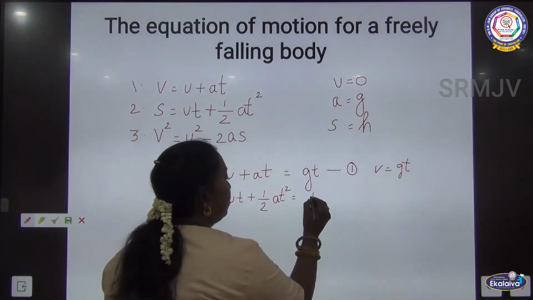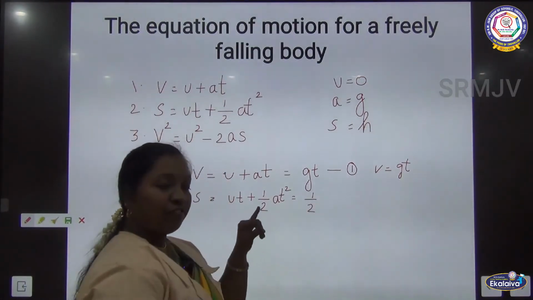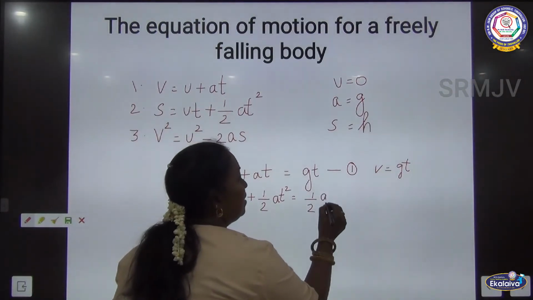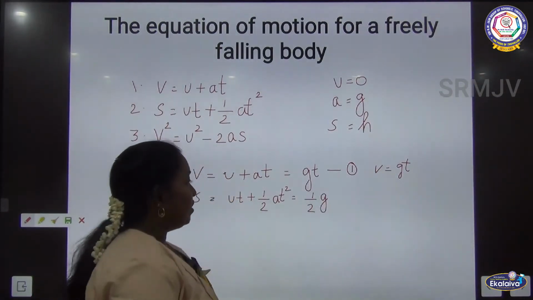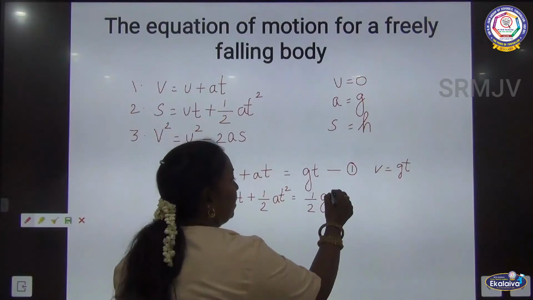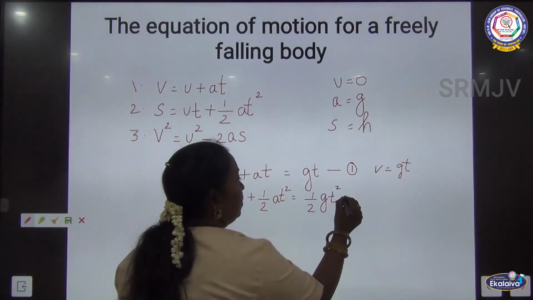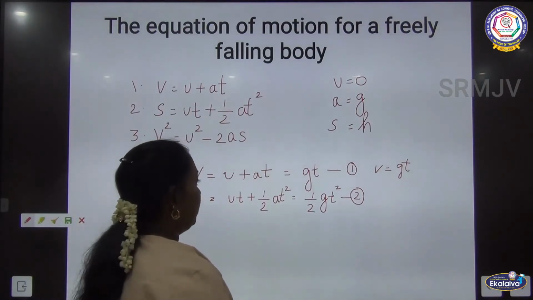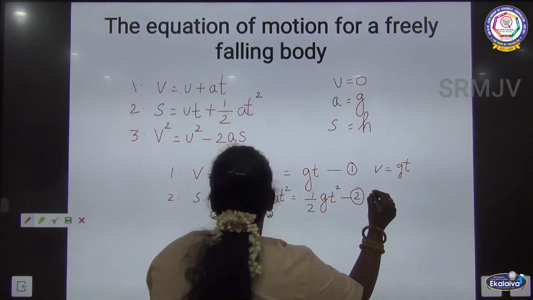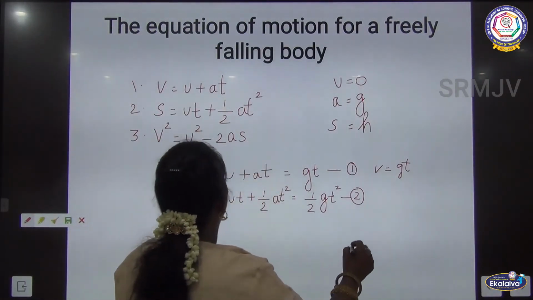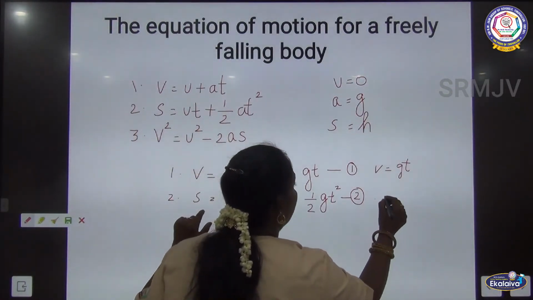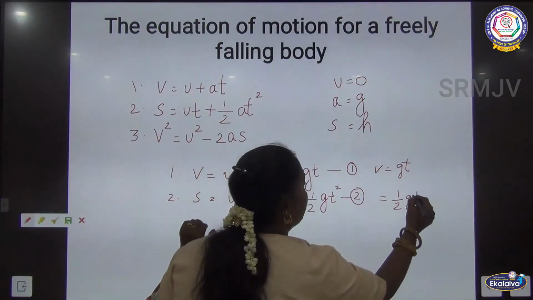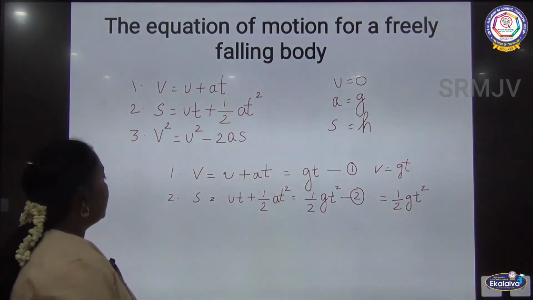Half, and instead of a, which letter has to be written here? g. g is acceleration due to gravity, then t square. This is the second equation of motion of a freely falling body. And instead of s, it has to be h, so h equal to half gt square.